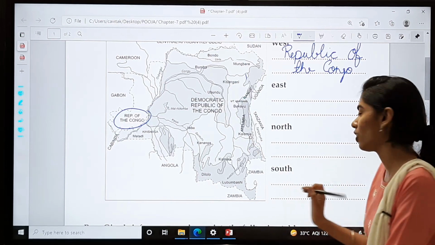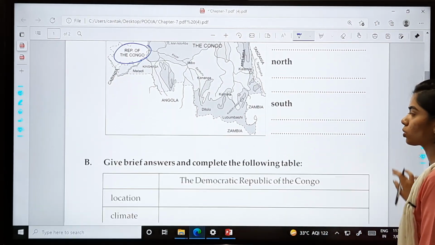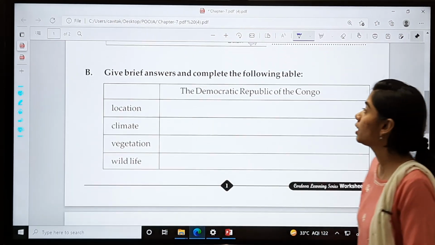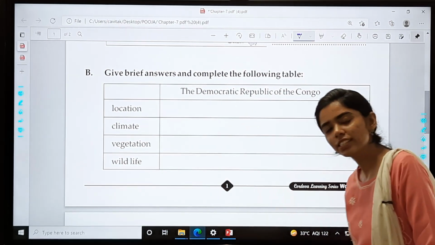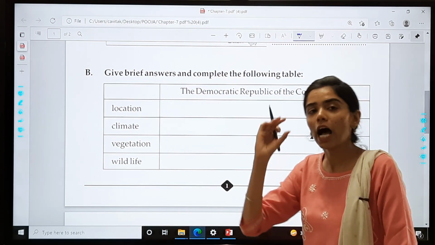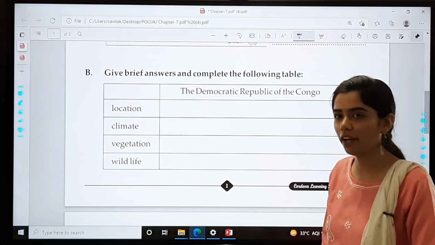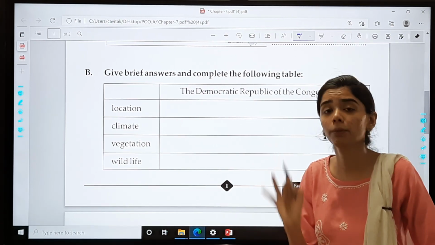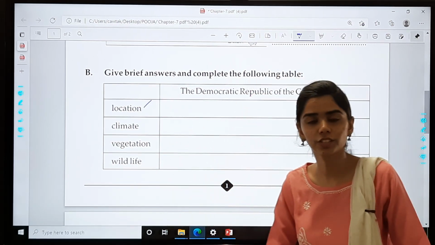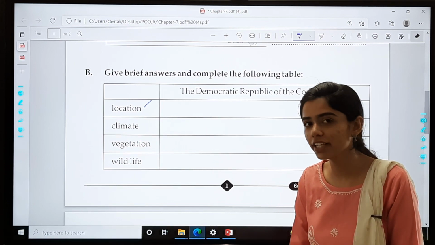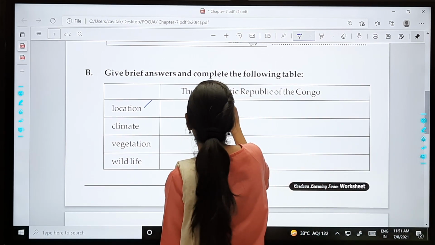Clear with this? Okay, now let's move on to question B, that is give brief answers and complete the following table. So what you have to do is give a short answer. The Democratic Republic of the Congo: you have to tell the location. So you know the location is Central Africa, right?